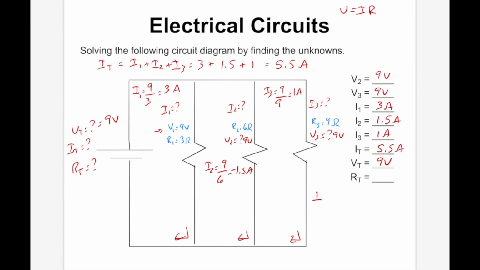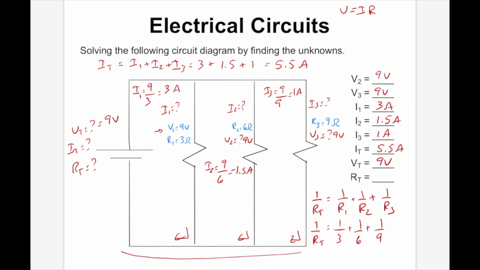And then the last one, RT, that one's going to be more complicated because it's a parallel circuit. And remember, we need to do 1 over RT is equal to 1 over R1 plus 1 over R2 plus 1 over R3. R1 is 3, R2 is 6, and R3 is 9. I'm just going to bring this over to this side to make a bit more room.